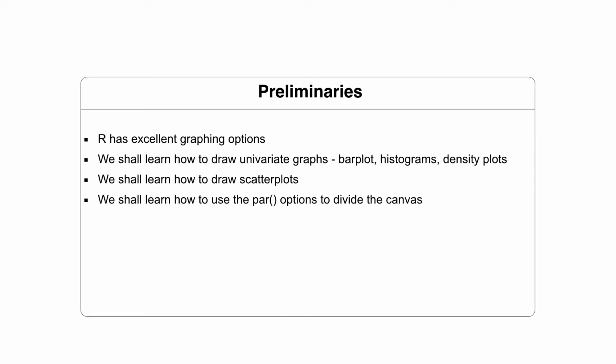I have included a set of readings with this module. I would strongly encourage that you go to those modules and start those practices, because in those modules I've given you some references and a few codes which you can reproduce. So without much ado, let us start looking at the data that we're going to use in order to draw the graphs.